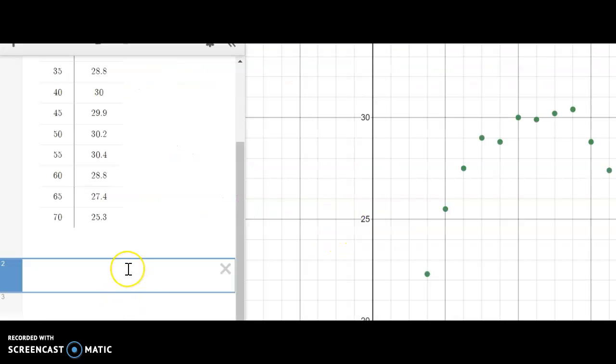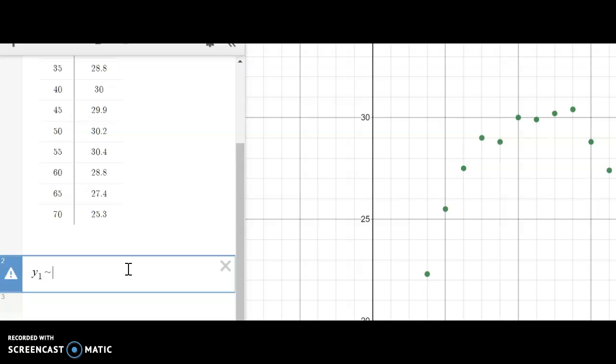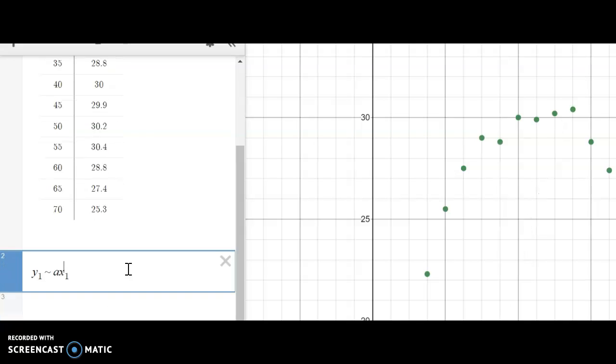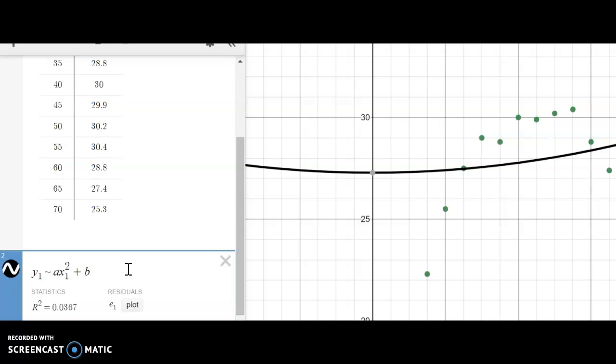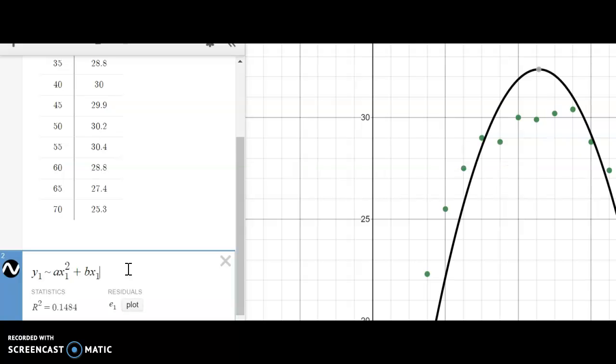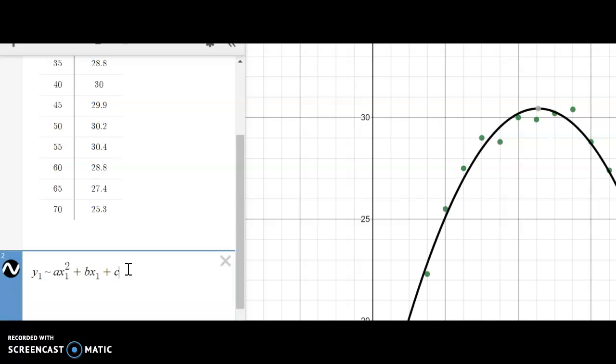Let's go ahead and type that in. I'll do it at the same time here so we can make sure we got it. So y1, the squiggly line is in the top left corner of your keyboard. a x1 squared plus b x1 plus c.